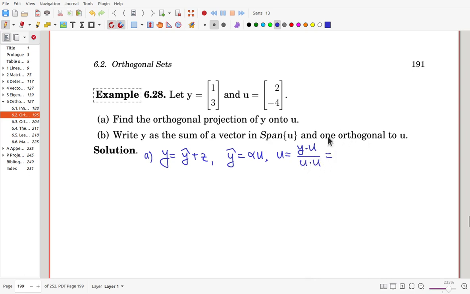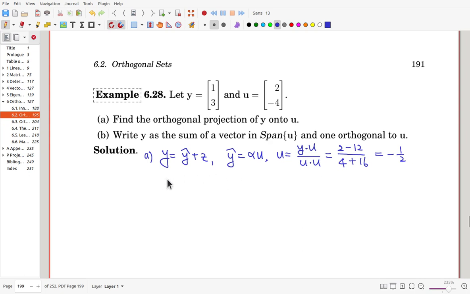Okay, y dot u is 2 minus 12, that is 2 and minus 12. And u dot u, which is 4 plus 16. And so that is minus 10 over 20, so minus half.